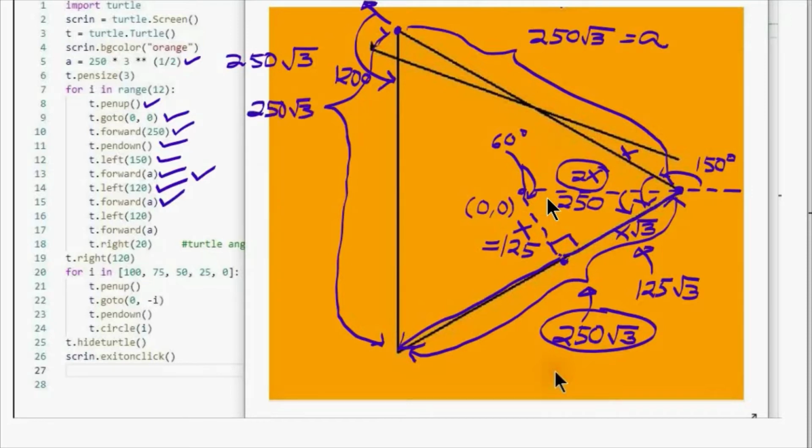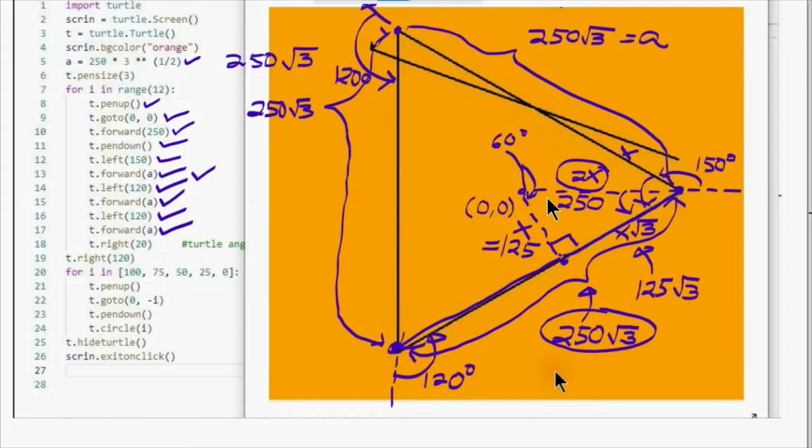That is our A. And then once we reach this point here, we again turn the turtle because at this point the turtle is directed towards that. We rotate the turtle like that, and this is 120 degrees again to the left, and then we draw a line with length 250 radical 3.